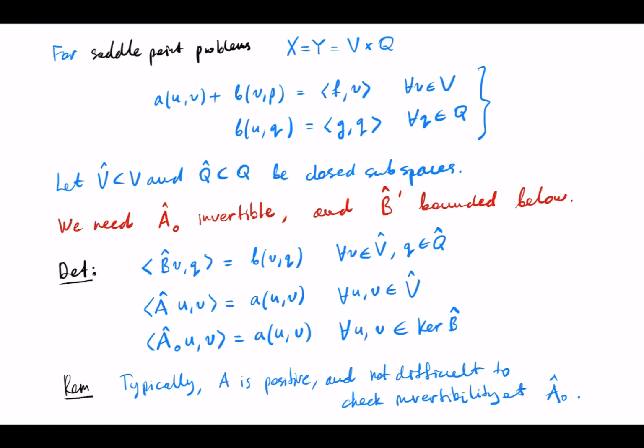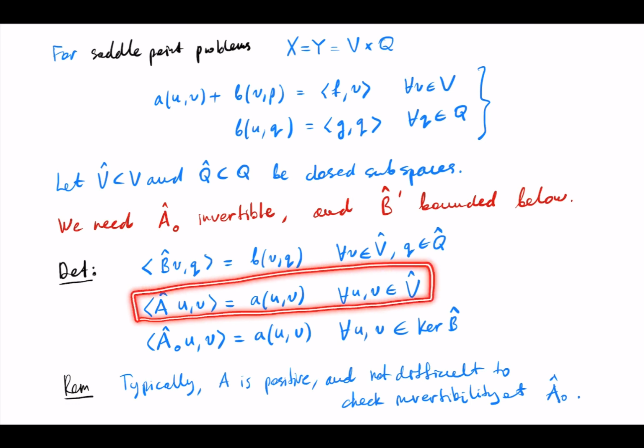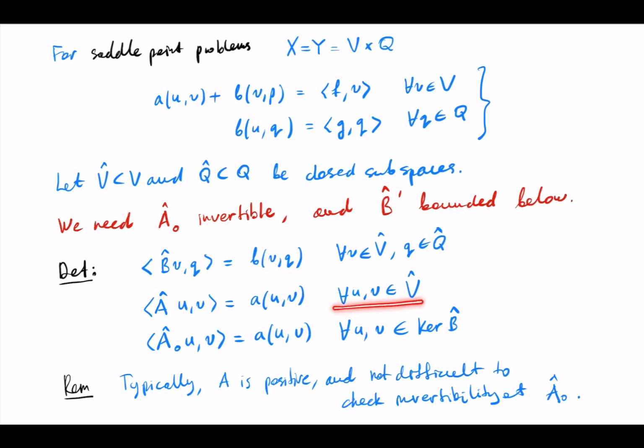Now, B hat would be just B restricted to the discrete spaces, V hat and Q hat. It is defined by this bilinear form B. And also we have A hat, right? A hat would be just, again, the bilinear form A restricted to V hat, the discrete space. And a further restriction of A hat, which is A hat 0, that would be now basically A hat itself restricted to the kernel of B hat.